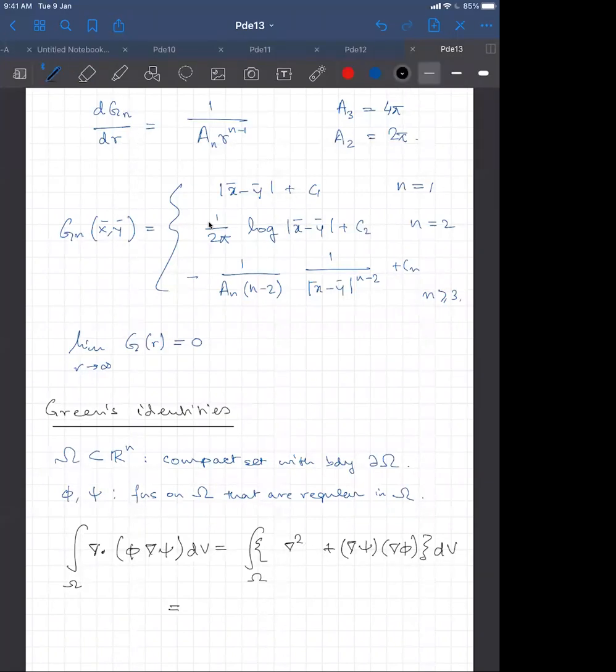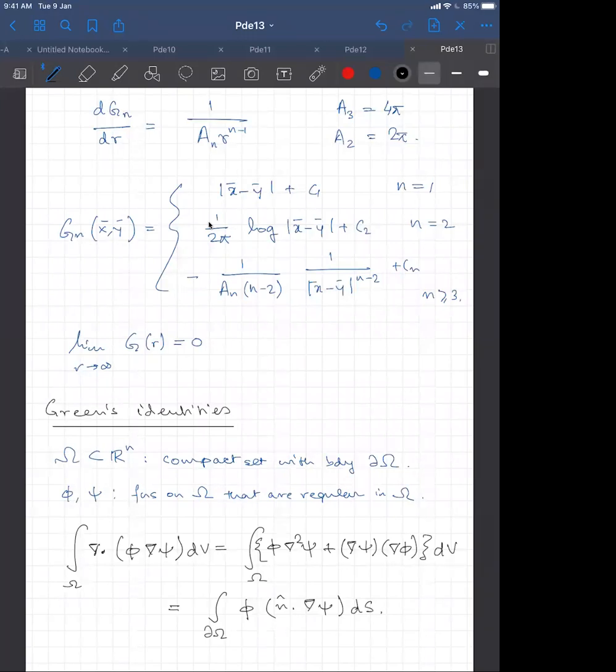So that was phi del squared psi plus, yeah, and this is nothing but the integral over del omega of phi and del psi dx.